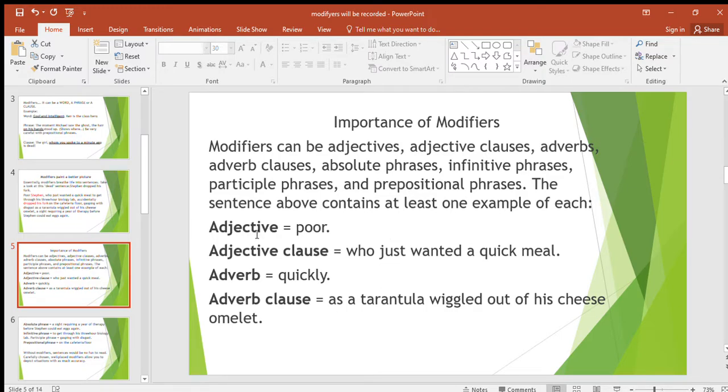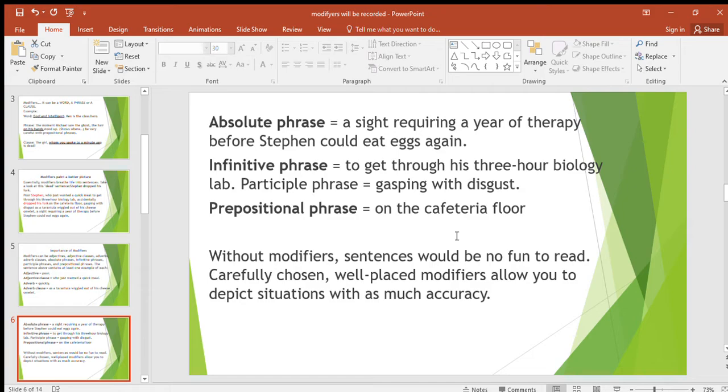For adjective, we have "poor"; adjective clause, "who just wanted a quick meal"; adverb, "quickly"; adverb clause, "as a tarantula wiggled out of his cheese omelet"; absolute phrase, "a sight requiring a year of therapy before Stephen could eat eggs again"; infinitive phrase, "to get through his 3-hour biology lab."